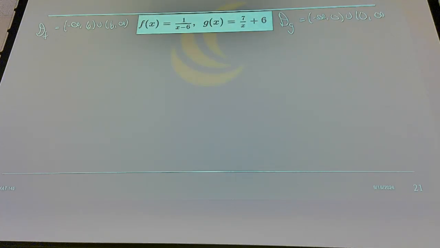Domain of f of g. Elements in the domain of g, so let's say all x not equal to 0, such that g of x is not equal to 6.